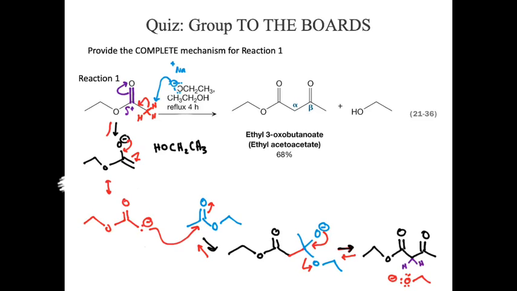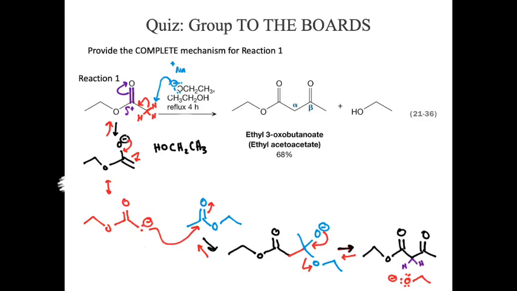Okay? And this could be one of the reasons why Claisen gets to attach his name to it. Because if that's the case, this product shouldn't form. I shouldn't get any product, or at least not a sizable amount of it. Definitely not a 68% yield. Okay? Add to this that if we look at the reactions themselves, our very first step is an acid-base step of deprotonating the ester.